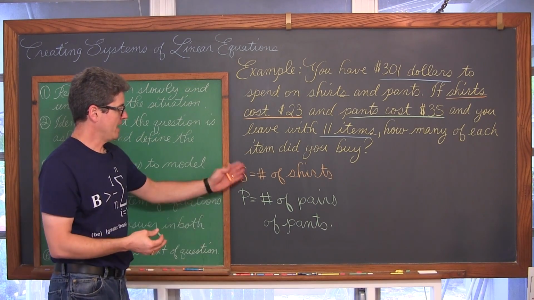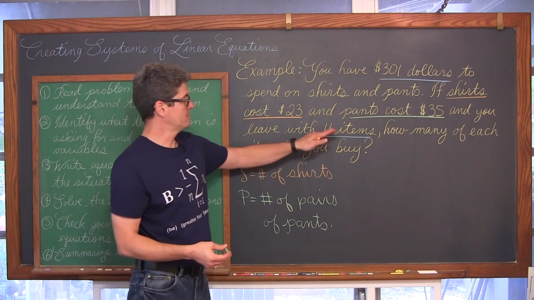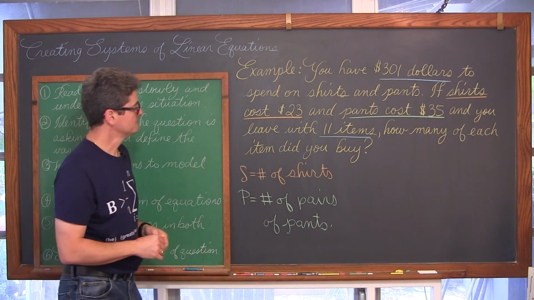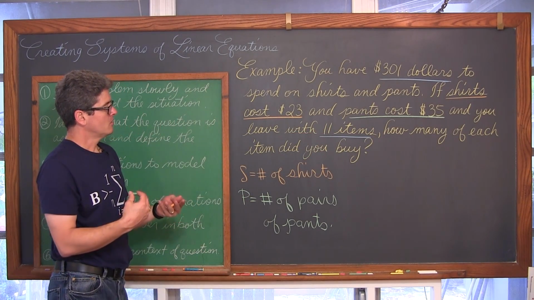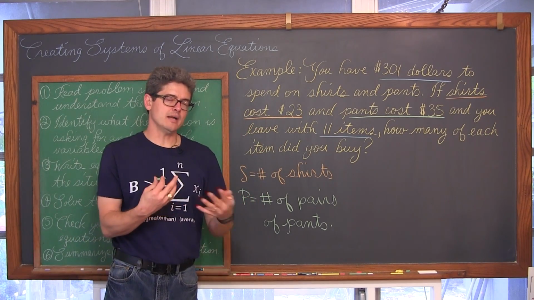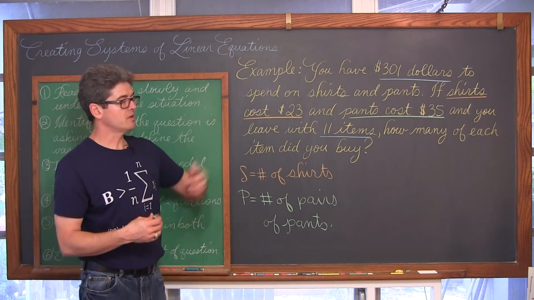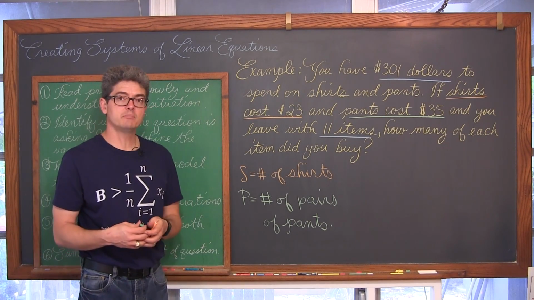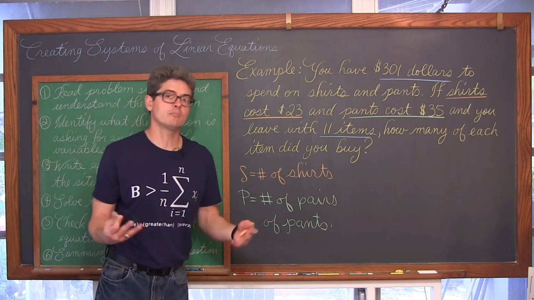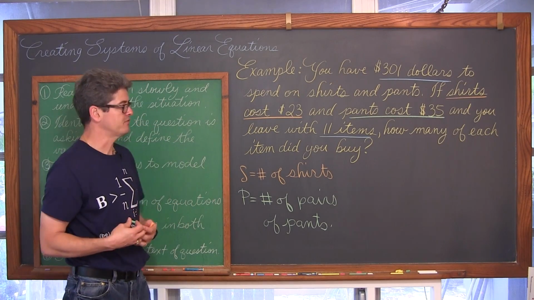All right, so we have our variables defined by the question, how many of each? What numbers in here sound like you would have to do some math to figure them out? We have $23 for a shirt, but a shirt is $23, so I don't need to set up any math for that.